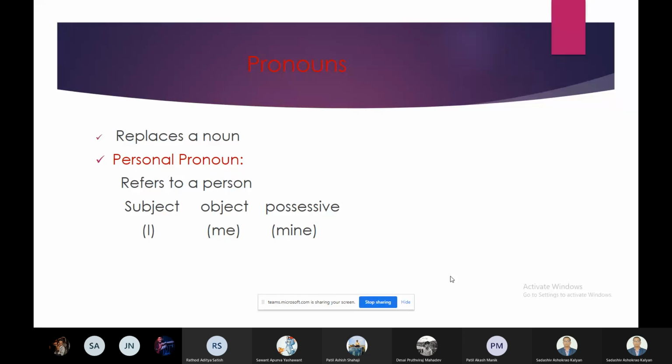Okay, so we use various kinds of subjects like I, we, you, he, she, it, they, in which I, we are the first person, you is the second person, and he, she, it, they are the third person, with first person singular and first person plural.